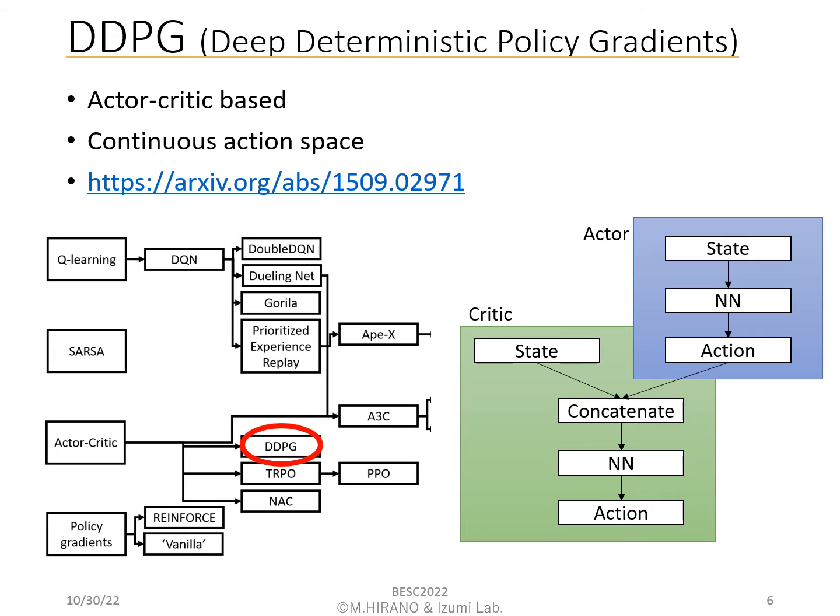For the actor-critic-based reinforcement learning model, we employ DDPG. It is because DDPG can support continuous action spaces, and the parameters of the multi-agent simulation model are also a continuous space. So we decided to employ DDPG.